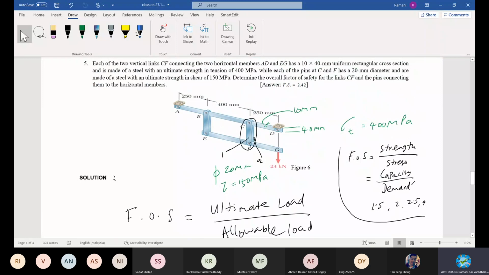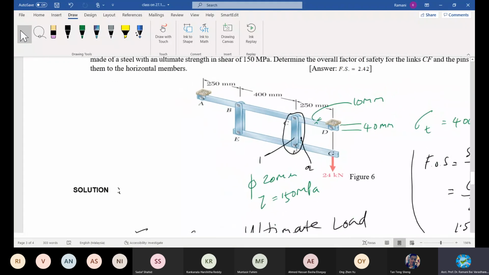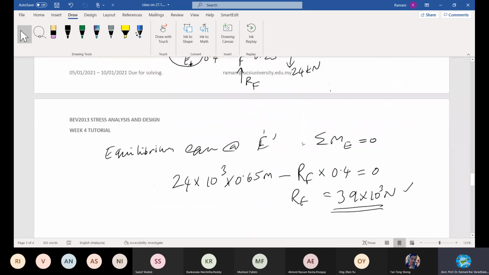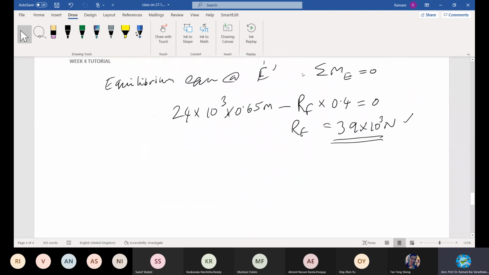Please recall the questions that we have done just now. You have two portions, right? There is a hole, I mean the pin of a certain diameter, and also the link. Note this point. Hence you need to find for both of them one by one. Let's start with finding for the pin. Sorry, links. Links is the big one.